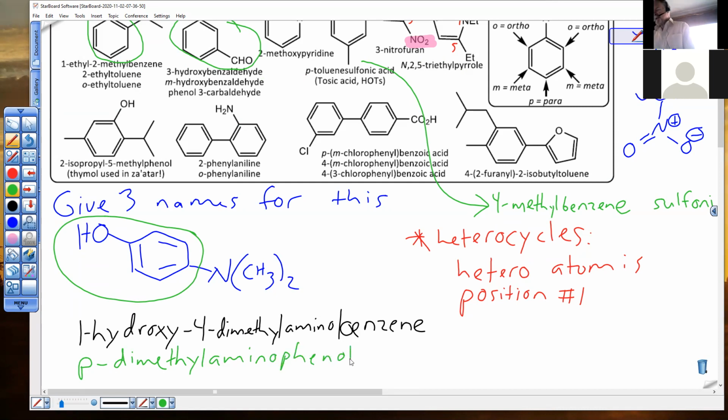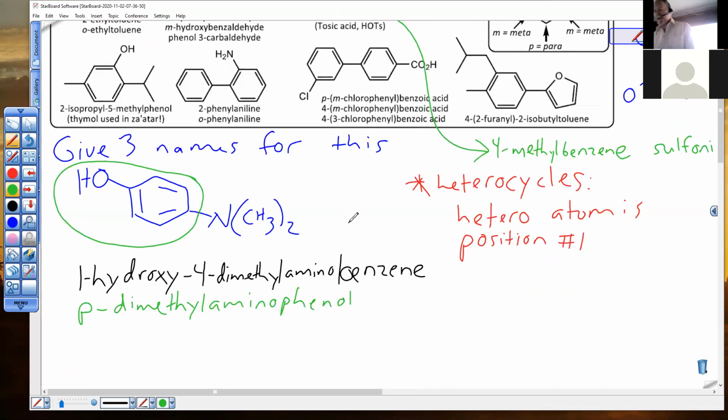Phenol. Or you can go with the other name, up to there is called aniline. Aniline. And this has a hydroxy on 4, and 2 methyls on the nitrogen.